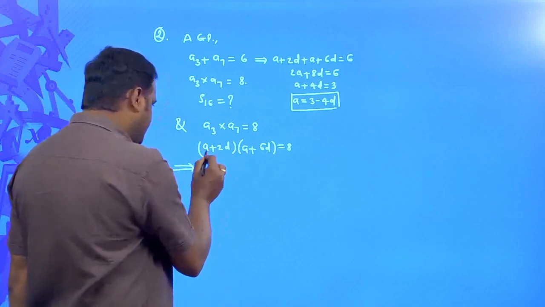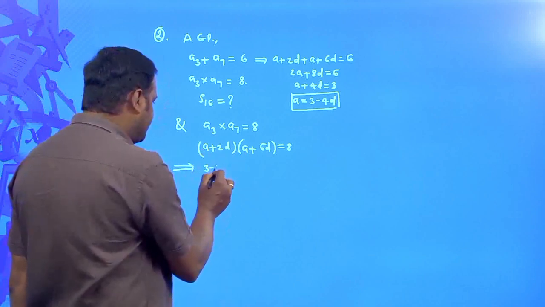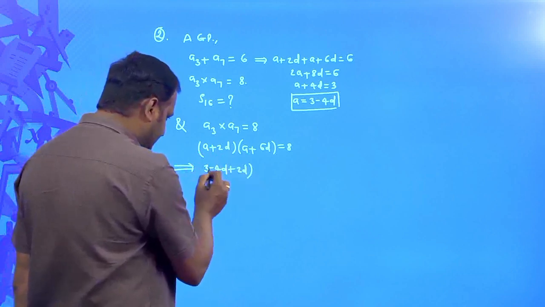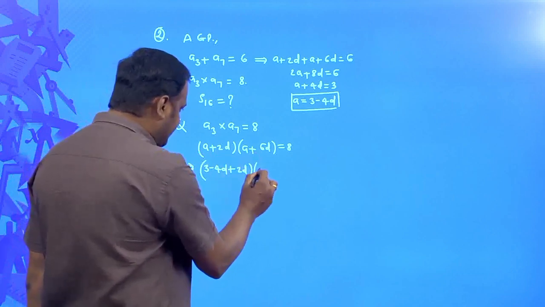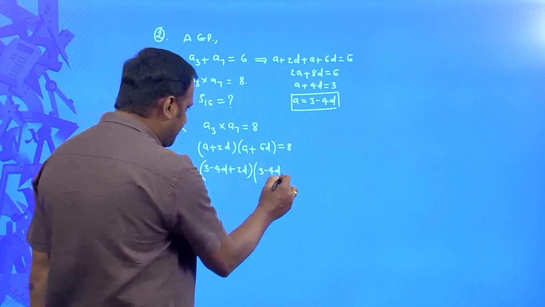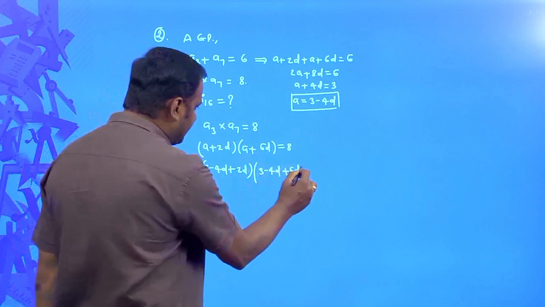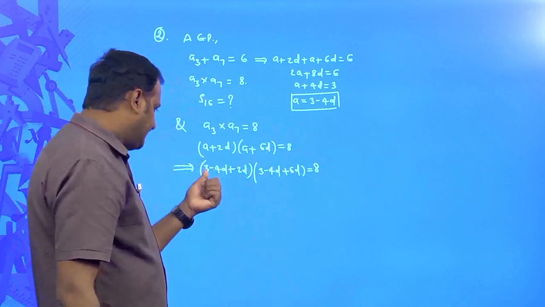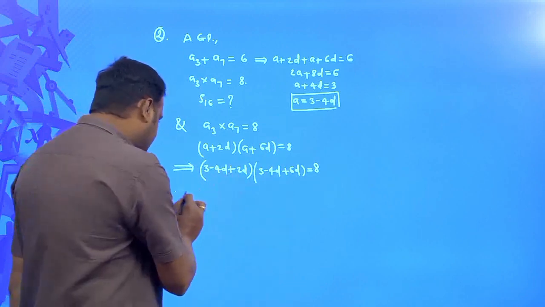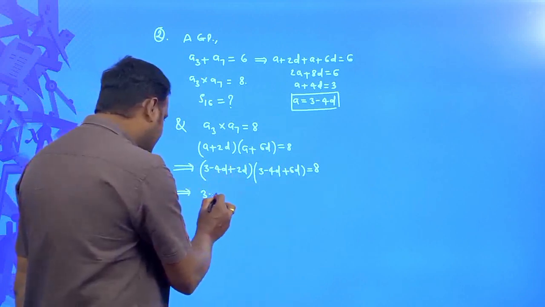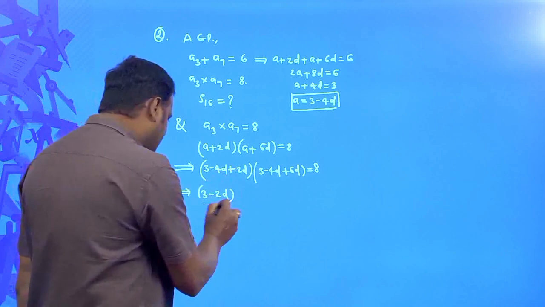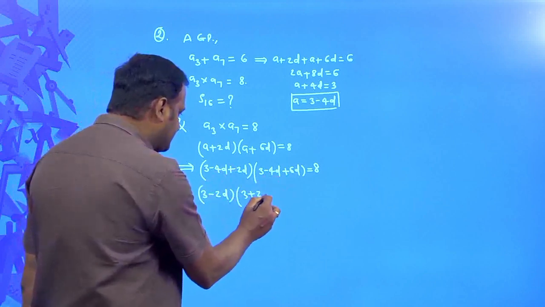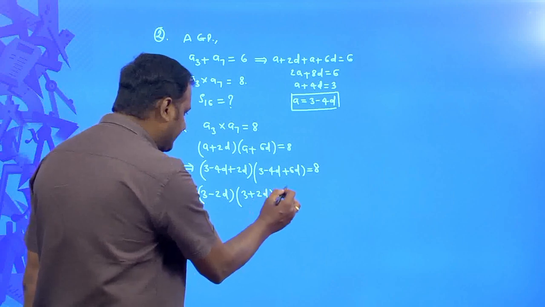Then it would be 3 minus 4d plus 2d, times 3 minus 4d plus 6d, is equal to 8. When you simplify, 3 minus 4d plus 2d is going to be 3 minus 2d, multiplied by 3 minus 4d plus 6d, which is 3 plus 2d, is equal to 8.